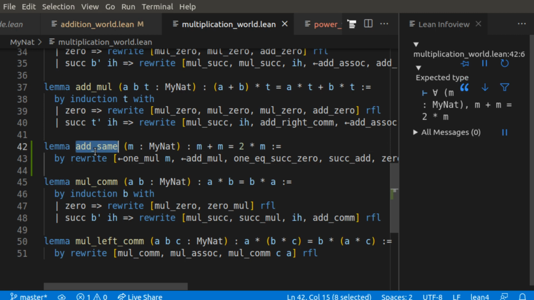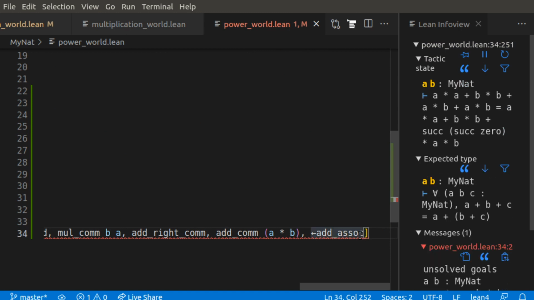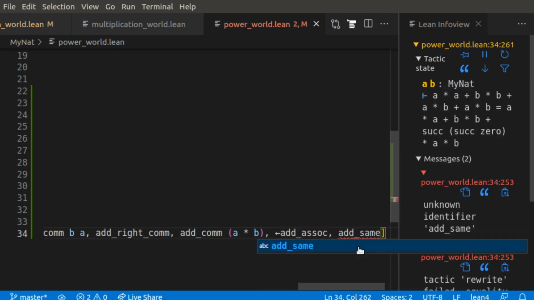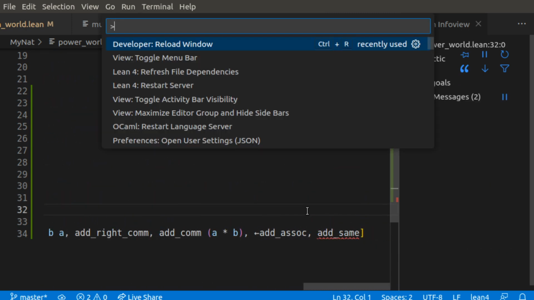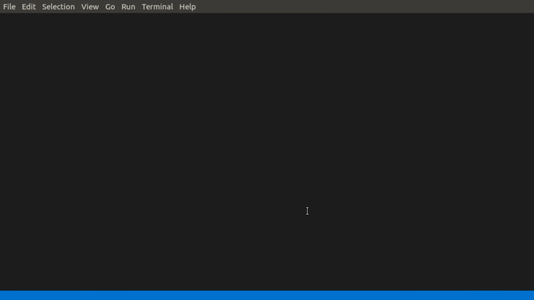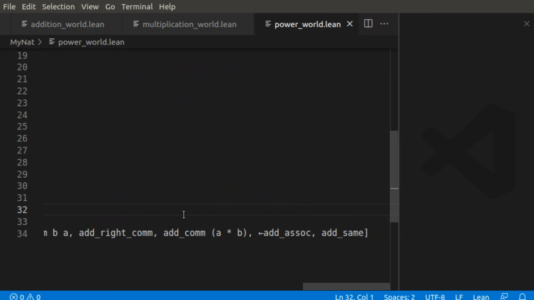Okay, now we have this proof add same, so let's use that in our long proof. Add same. I think we might need to reload our window if we change things in different files with VS Code, but let's see if this works. Fingers crossed.